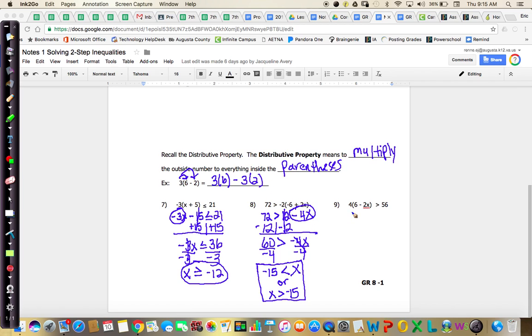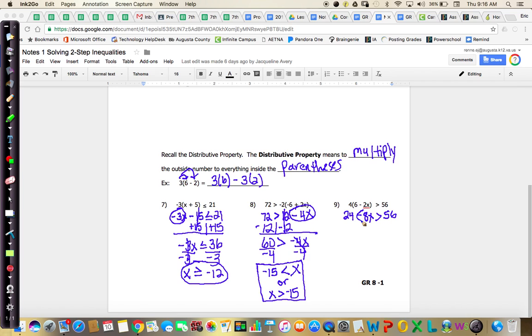Okay, number 9, last problem. So we're going to distribute. 4 times 6 is 24. There's a minus sign. 4 times 2x is 8x. So remember, I multiply the coefficients and then the letter goes after the coefficient. Then we have greater than 56.